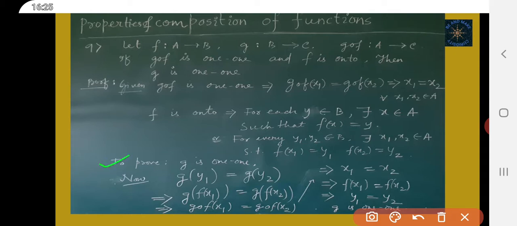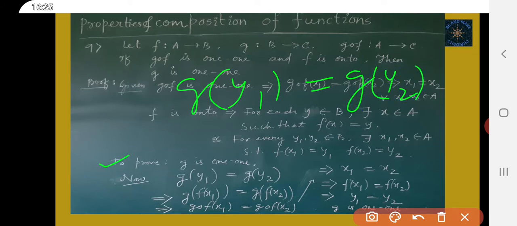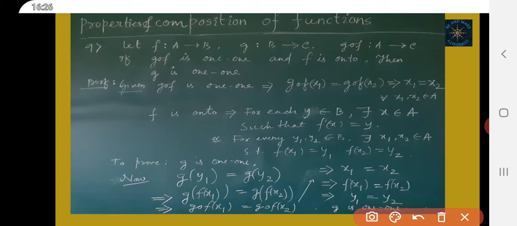To prove g is 1-1, g is 1-1 means we have to show g of y1 is equal to g of y2 implies y1 is equal to y2, then we can say g is 1-1. Here g of y1 is equal to g of y2.